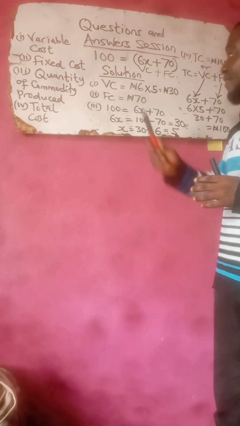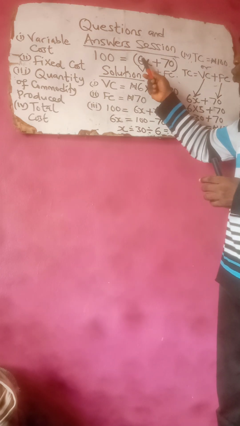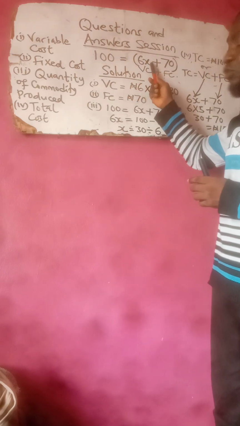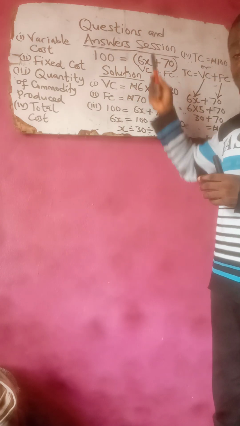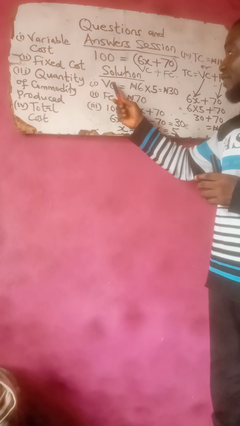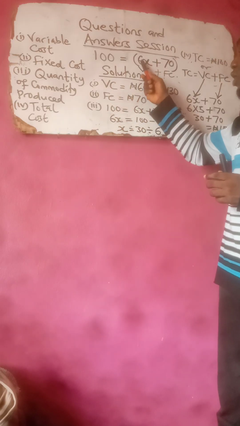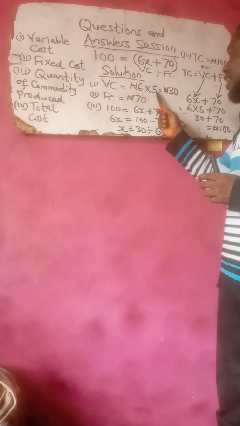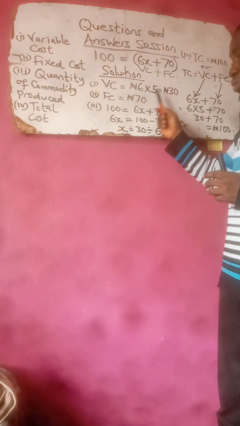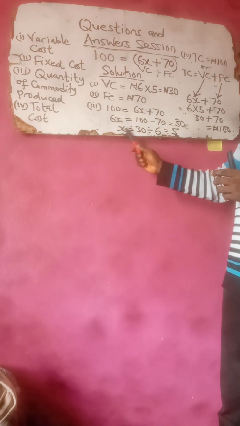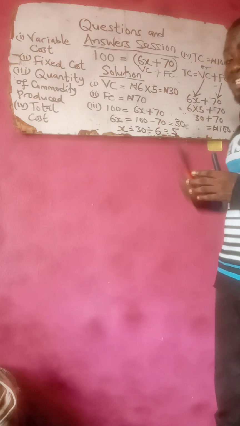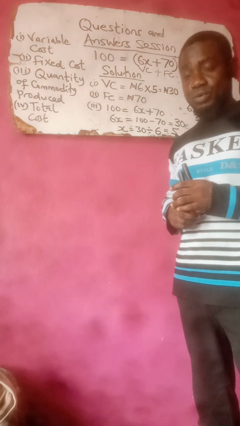I repeat, variable cost is a combination of the price, the cost of the commodity, and the quantity of the commodity, which is 6x as far as this question is concerned. Therefore, the variable cost will be the cost of the commodity, which is 6 naira, times the quantity of the commodity produced, which is letter X, 5. 6 multiplied by 5, we have a total of 30 naira as the variable cost.